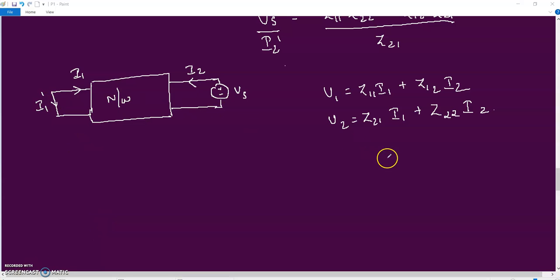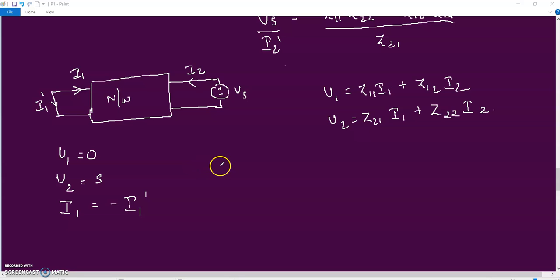Here we have V1 is 0. There is no input voltage. Now coming to V2, V2 is Vs, and I1 is minus I1 dash. Now we can put these values in these two equations.